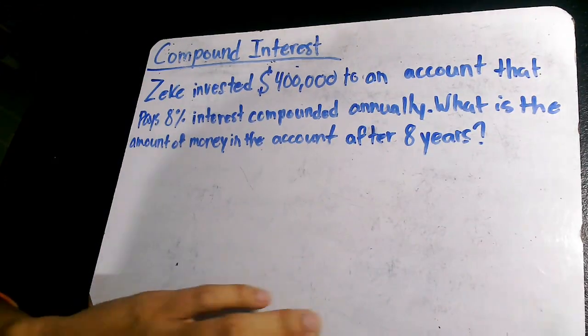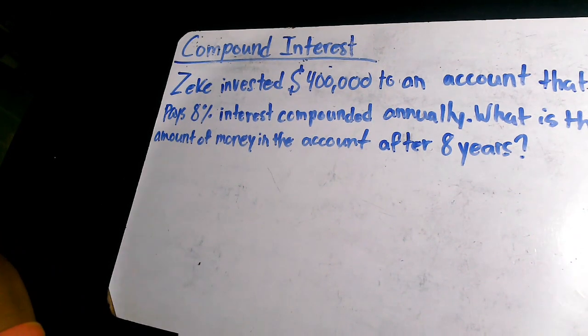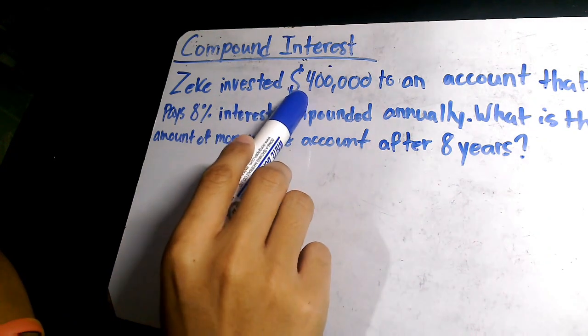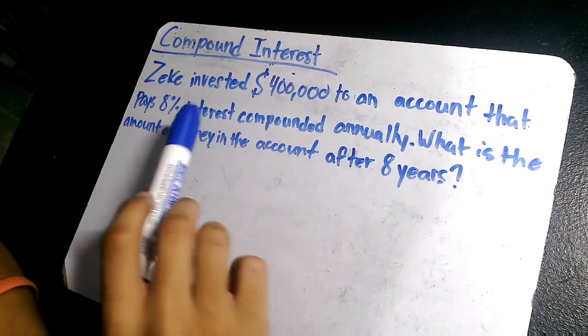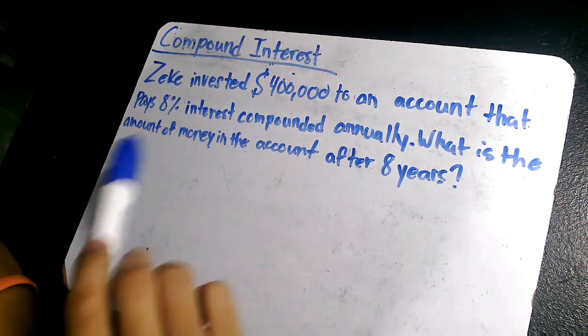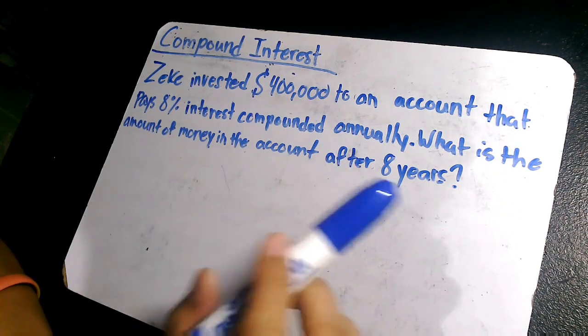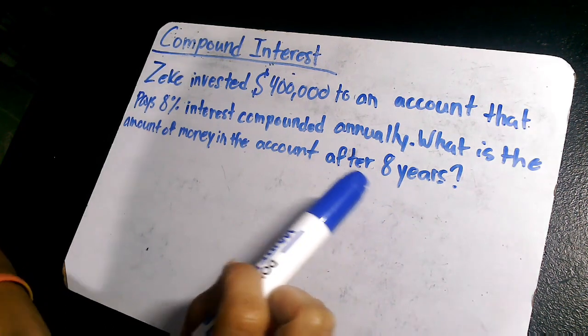My first example for compound interest is: Zeke invested $400,000 to an account that pays 8% interest that is compounded annually. What is the amount of money in the account after 8 years?